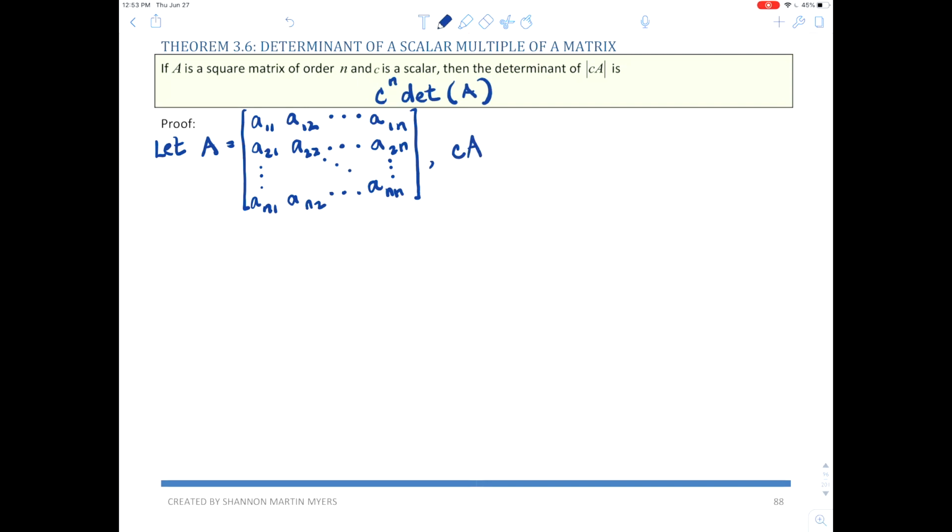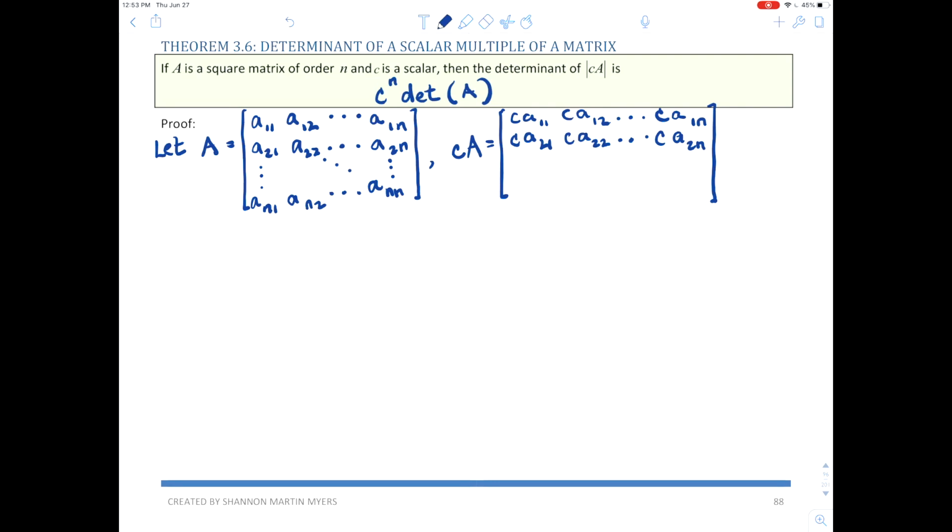All right. C times A would then be CA11, CA12, all the way down to CA1n. And then we'd have CA21, CA22, all the way across to CA2n.